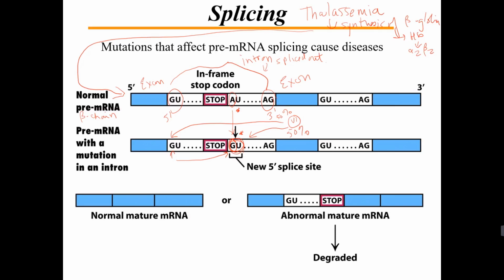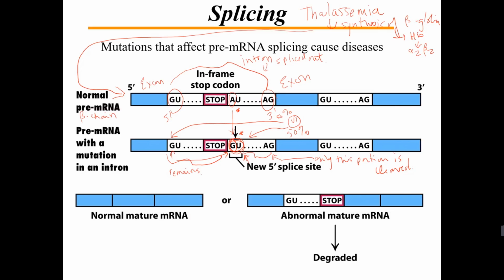Now, when the assembly occurs at this new 5' splice site for the spliceosome, you realize that the only part of the intron that gets cleaved out is this region. So only this portion is cleaved. And we're still left with this component of the intron that remains.